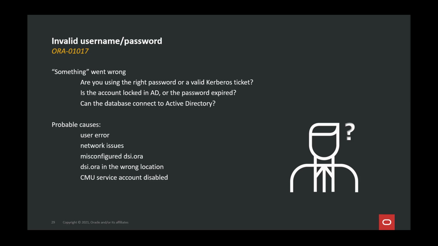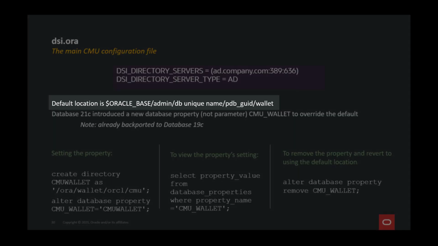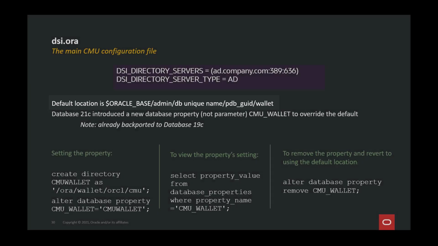Another issue you're likely to run into is the DSI.ora that you think you're using may not be the one you're actually using. The default location for the DSI.ora is Oracle Base Admin and then database unique name PDB GUID wallet. Long string, not Oracle Home Network Admin, which is where a lot of us are used to looking for our network files.